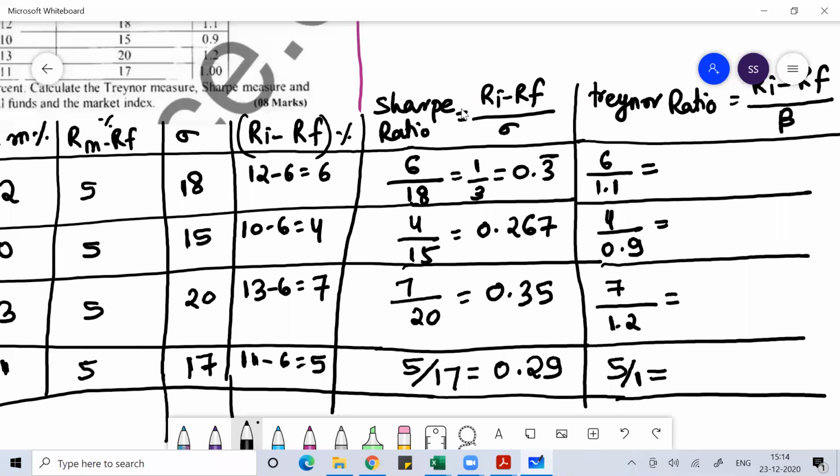6 divided by 1.1 is 60 by 11, which is 5.4545.